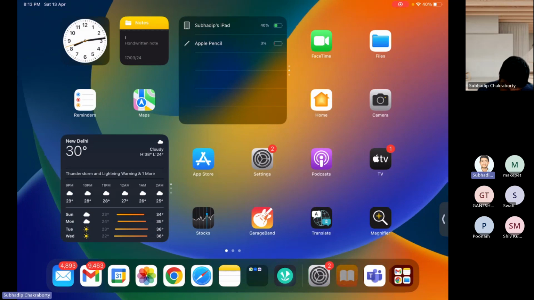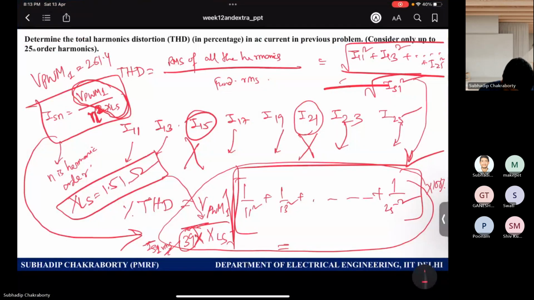Don't forget the square root. So if you calculate 1 divided by 169 plus 1 divided by 625, and then you root it and multiply with 261.4, and divide it by 39 and 1.5. So what is the answer coming?